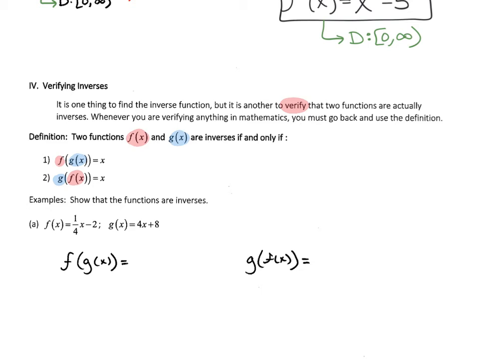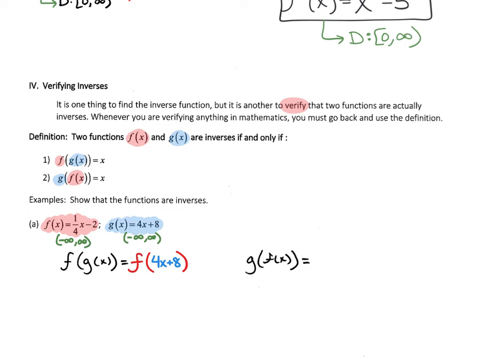So to show that the functions are inverses, we're going to show that f of x can be composed with g of x, and both times they simplify down to x. If I'm doing f of g of x, that means g of x is the inside function. Do either f of x or g of x have any restrictions on their domains? No, they're both from negative infinity to infinity, so there's no carryover restriction.